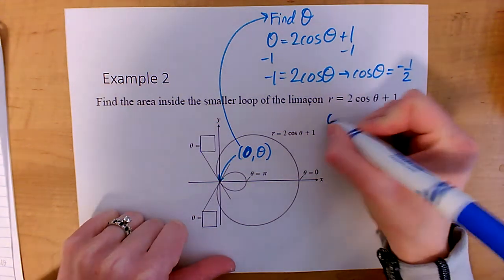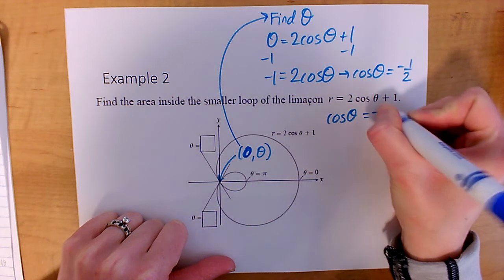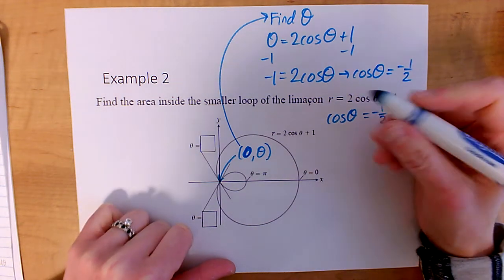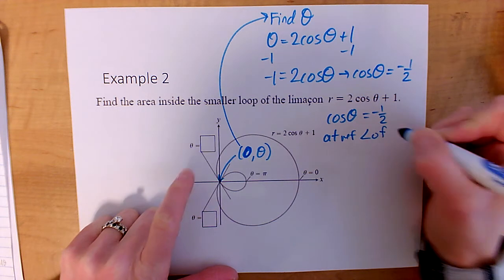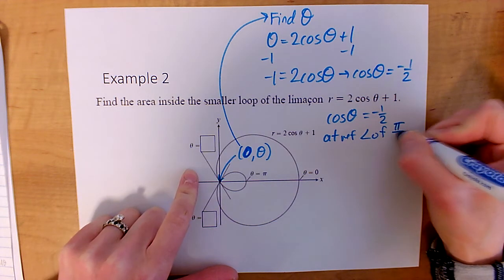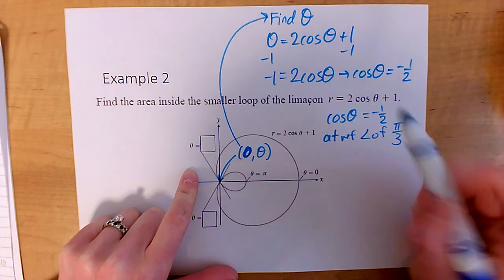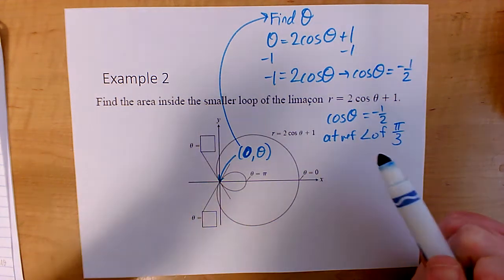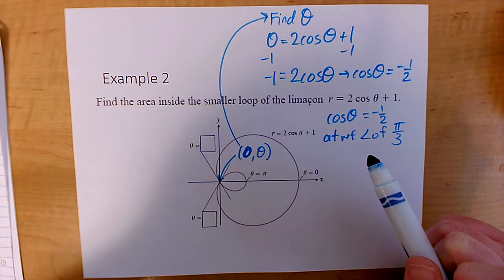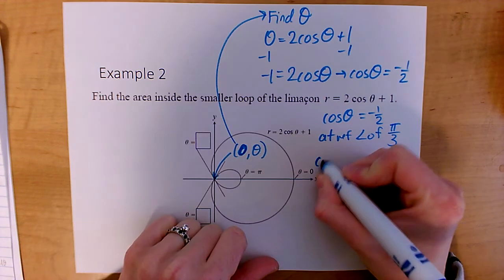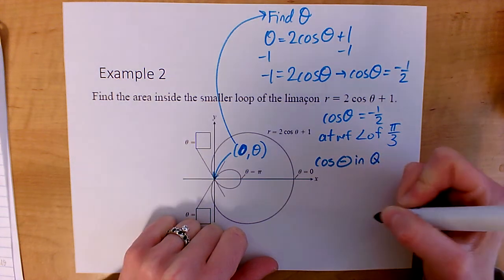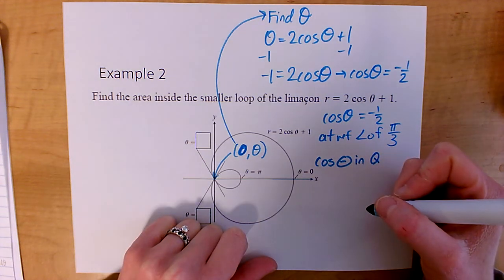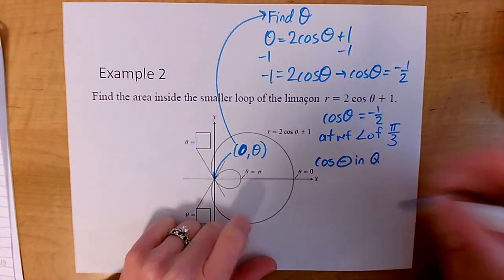Well, cosine theta will be negative 1/2 at reference angles of pi over 3. And you know that cosine is going to be negative in quadrants, let's see, we know cosine will be negative in quadrants 2 and 4.